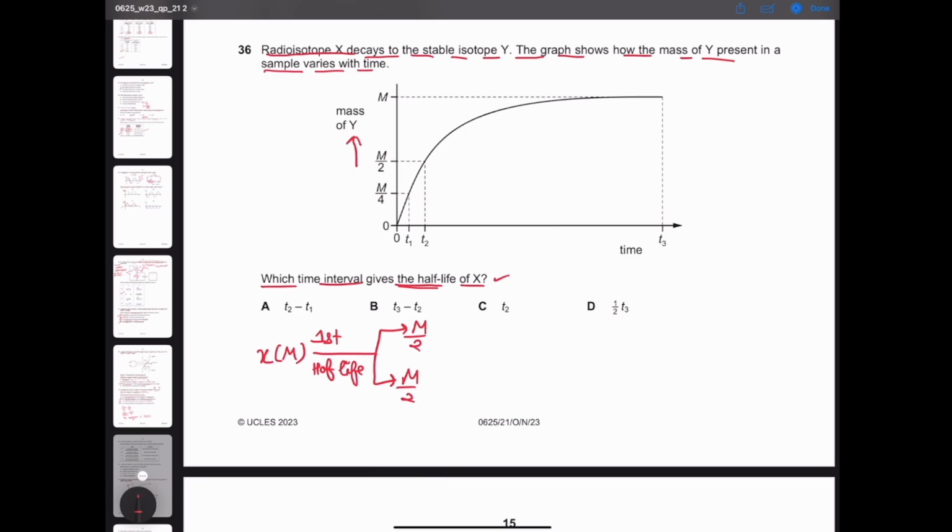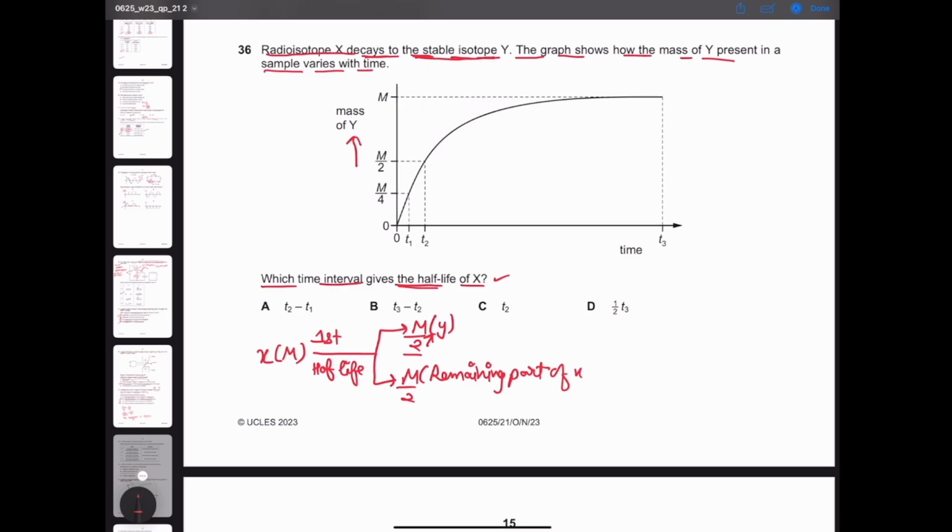And it's mentioned here it decays to the stable isotope Y, means one of these parts is Y and the other must be the remaining part of X. Right? When something decays, half of it gets out and half is remaining. So m by 2 is remaining. The other m by 2 got decayed in the form of Y. So it formed Y because it is mentioned in the question, it forms Y after decaying.